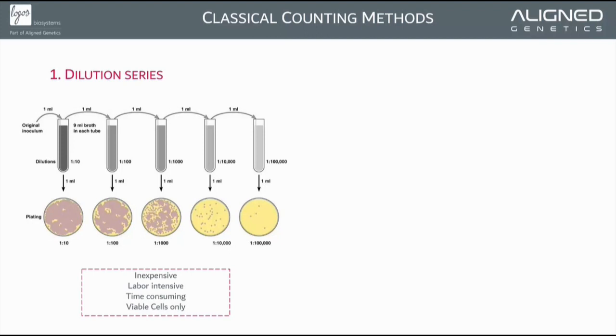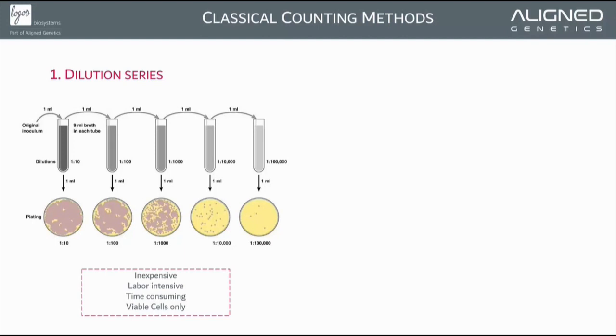This method is used to accurately determine the number of bacteria in a sample by overcoming the limitation of direct plating, where a high bacterial count can lead to overgrowth and inaccuracies in the plate count.